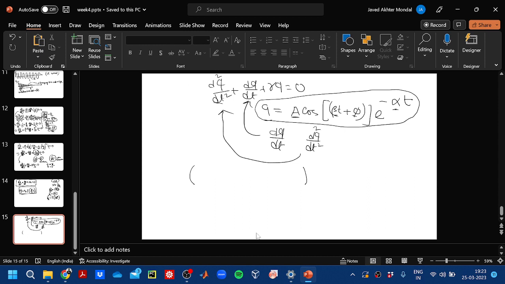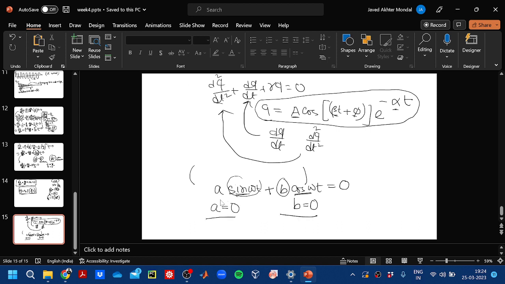Because if we have an equation of this kind, suppose a into sine omega t plus b into cosine of omega t, then since sine and cosine are orthogonal, that must mean that the coefficient of sine and the coefficient of cosine should be 0.